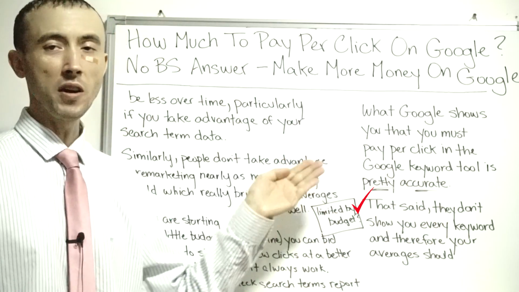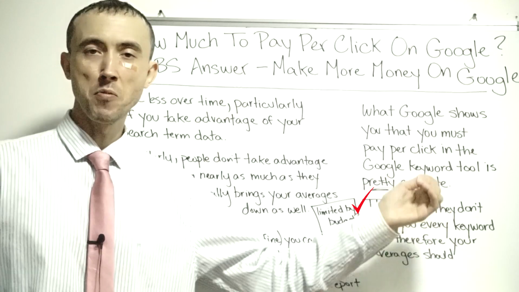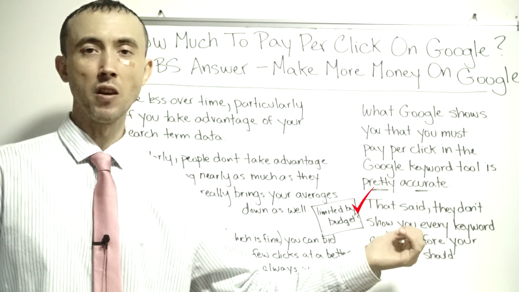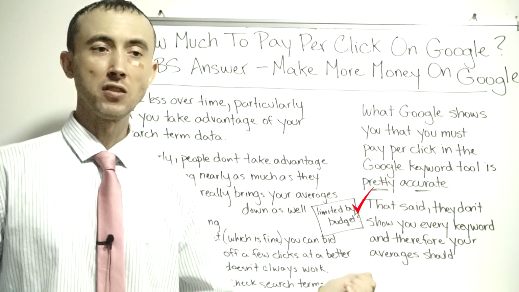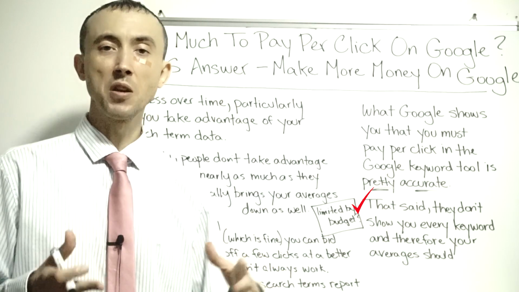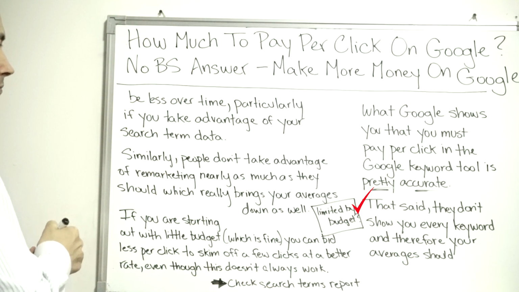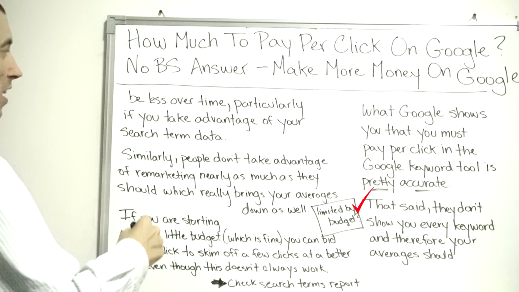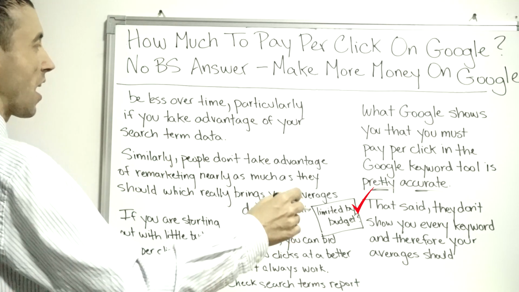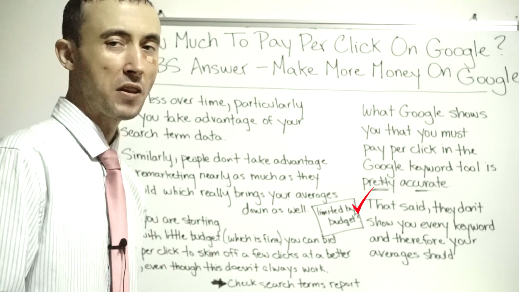So what it's showing in the Google keyword tool, what you're going to pay per click, in actuality, you'll probably pay a little bit less than that starting out and eventually down the road, because there's other terms you can go after that are less competitive that Google keyword doesn't represent and show you as well. And with that, you could pay less over time going after those long tail keywords that aren't so obvious to you up front.